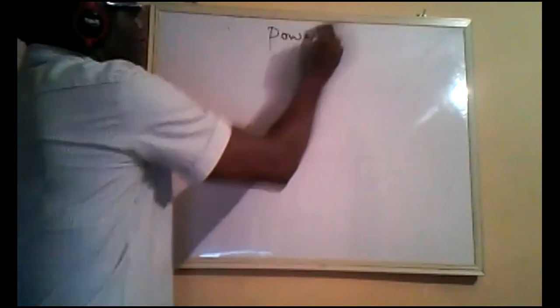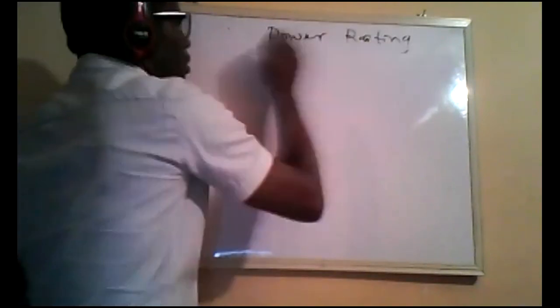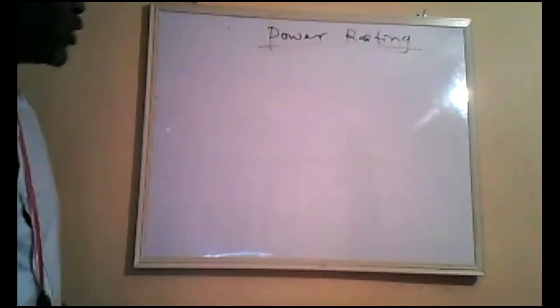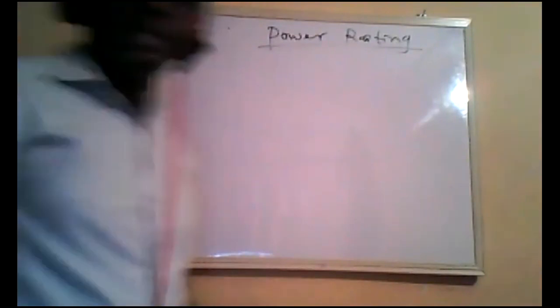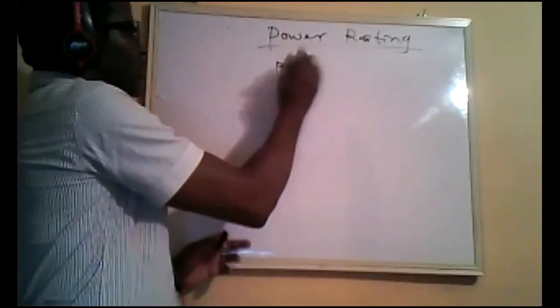Apart from this, we want to look at the power rating of the X-ray tube. We all know power from secondary school is the rate of doing work. So power is energy over time. P is simply energy over time.